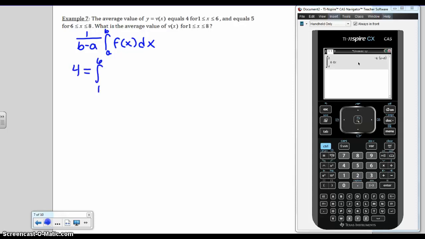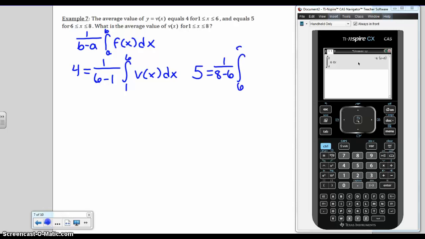Oh, I left off the fraction. 1 over 6 minus 1 times the integral from 1 to 6 of the function v of x dx. And it equals 5 from 6 to 8. So it would be 1 over 8 minus 6 times the integral from 6 to 8 of v of x dx.